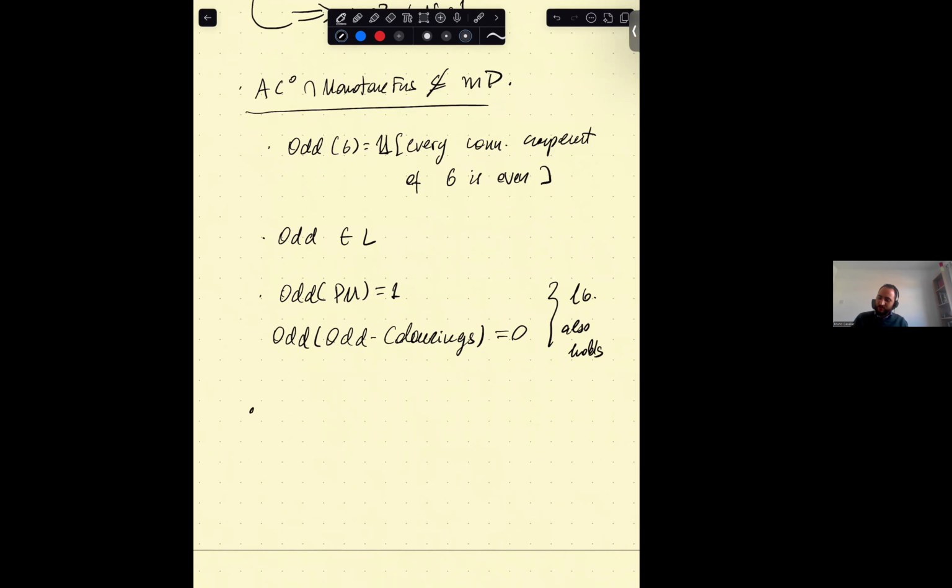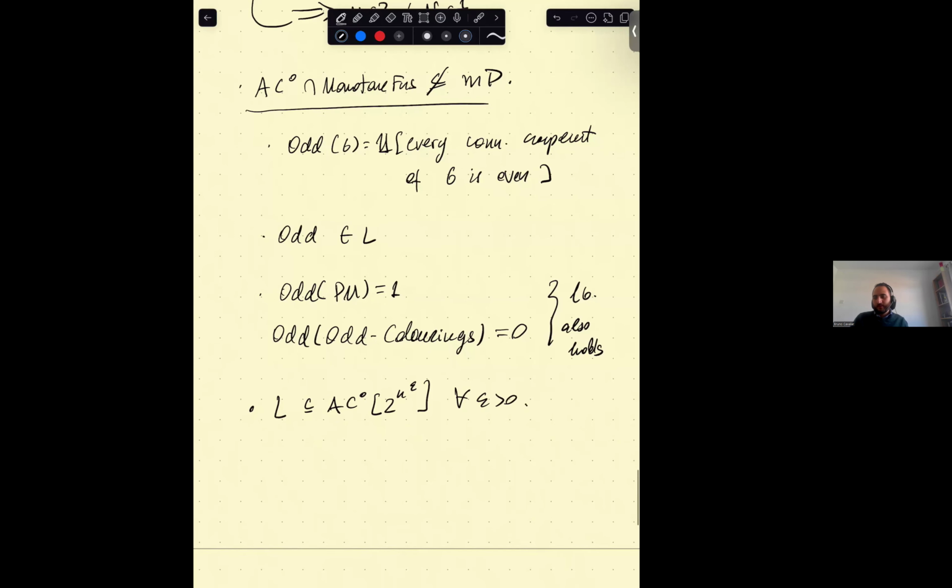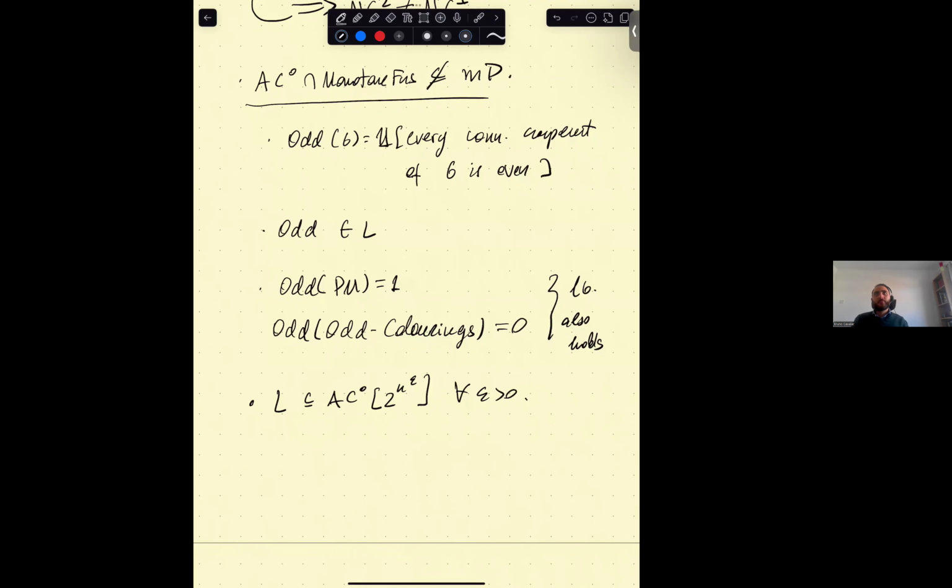But it is also true that if you have a function in log space, then you can simulate it in AC0 with sub-exponential size. So basically you can do a padding trick. You have a fixed n to the 1/3 lower bound here, and here you can get an upper bound as small as this in AC0.